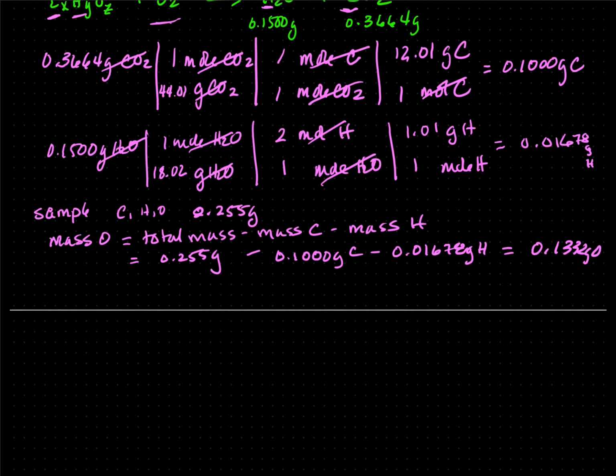We're going to start with 0.1000 grams of carbon, 12.01, 1 mole of carbon. Hydrogen is going to be 0.01678 grams of hydrogen.